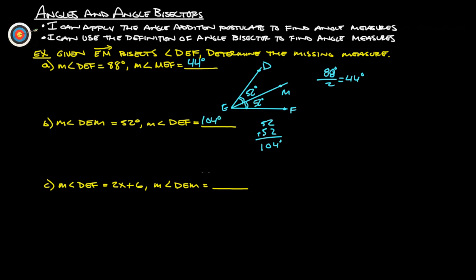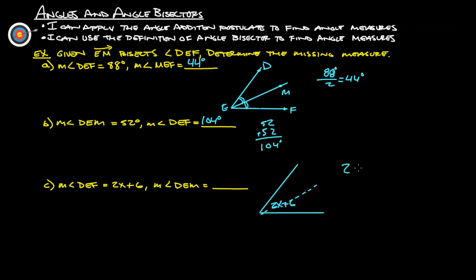Okay, and then part C, the measure of angle DEF is 2x plus 6. So DEF, this whole thing here, I'm going to redraw it, try that again. So this whole thing is 2x plus 6. The measure of angle DEM is going to be this thing here that cuts it exactly in half, right?